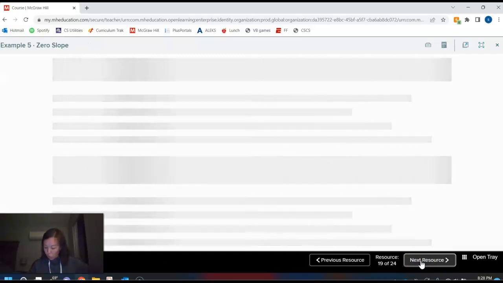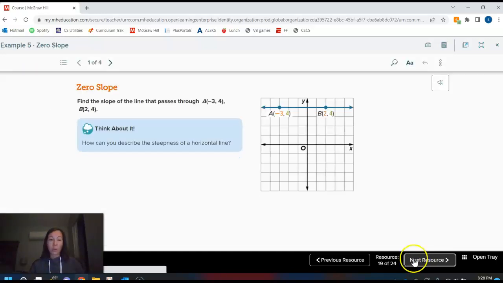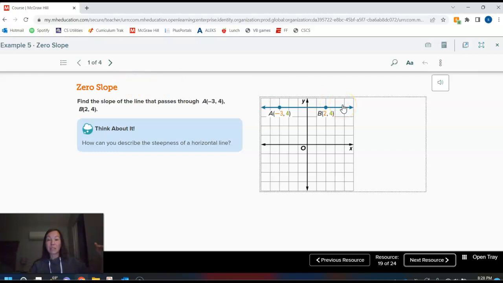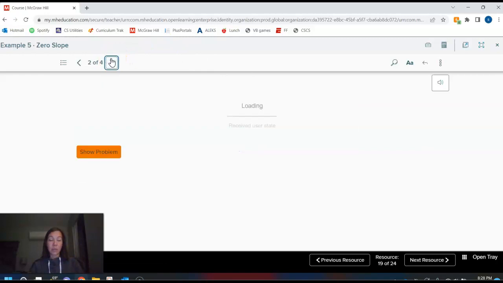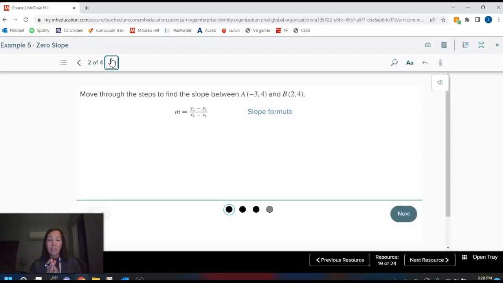So if you want to go to page 199, we want to find the slope of this line, and it's horizontal. Remember, horizontal like the horizon, vertical like vertical blinds, okay? So keep that straight. But with horizontal lines, you can either look at the line and say that the slope is 0, but you can also use the formula.